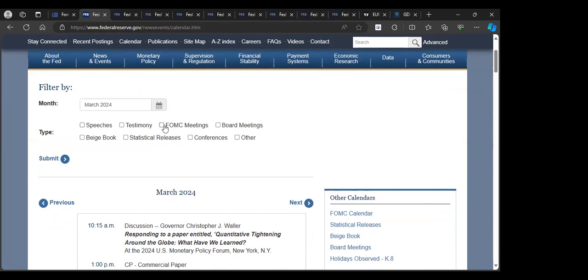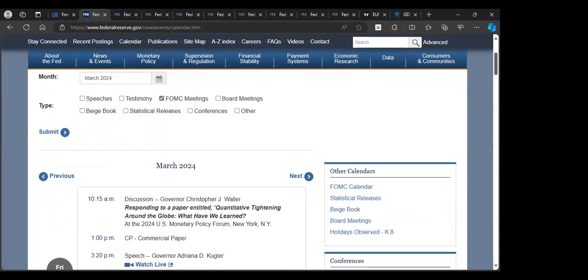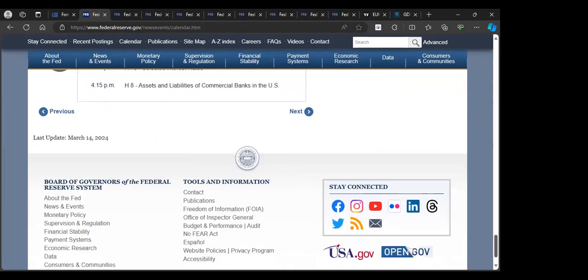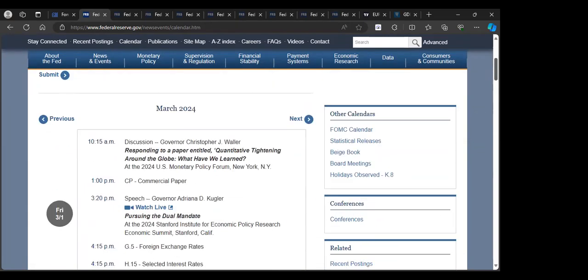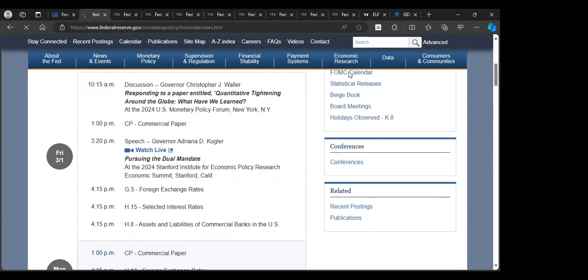Typically, what I like to look at is FOMC meetings, so you can click to look at those. Wait, there is a better calendar than this.